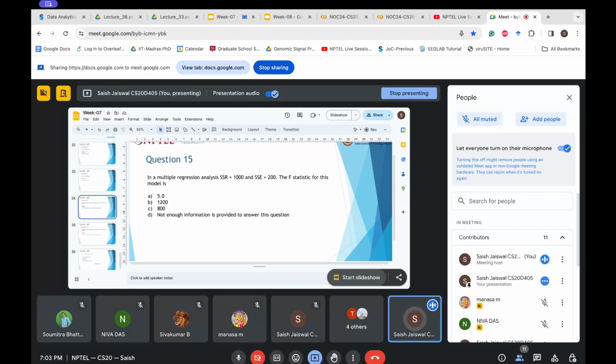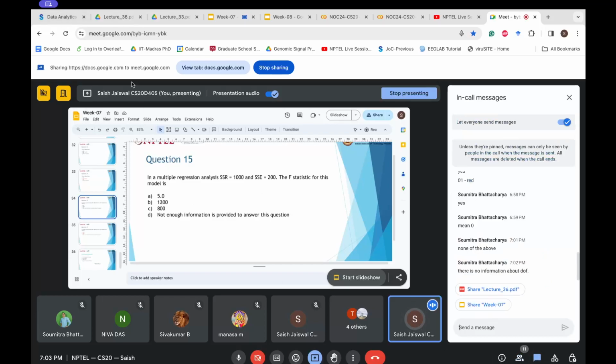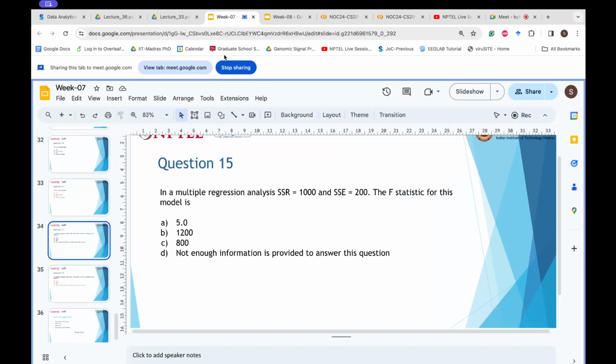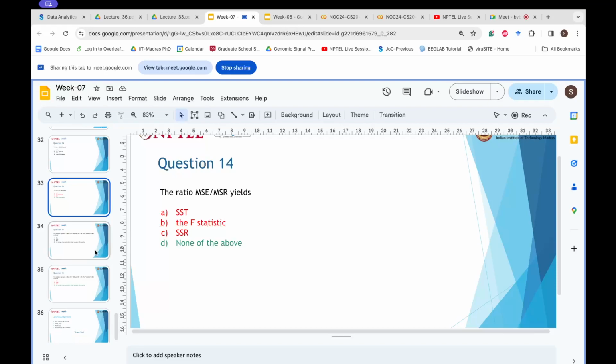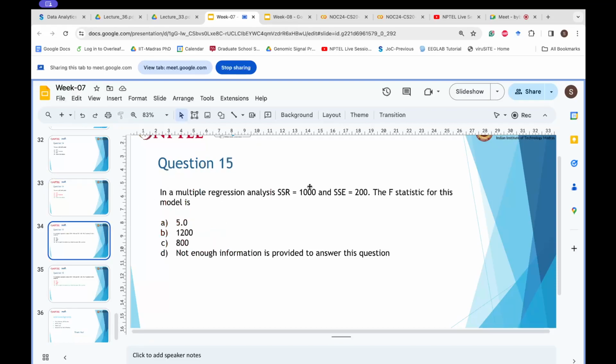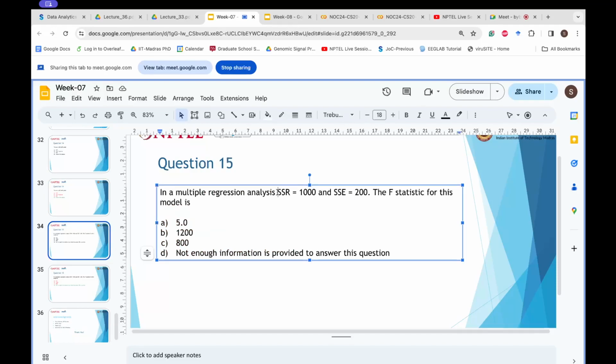So as one of you mentioned, there is not sufficient information available over here. The correct answer for the F statistic will be MSR by MSC, and MSR is SSR divided by degrees of freedom for SSR, and MSC will be SSC divided by degrees of freedom for SSC.